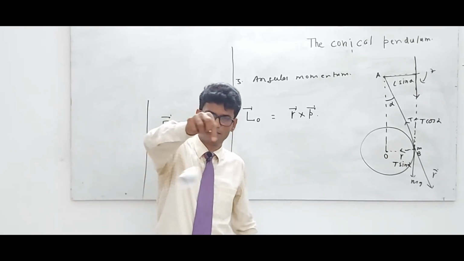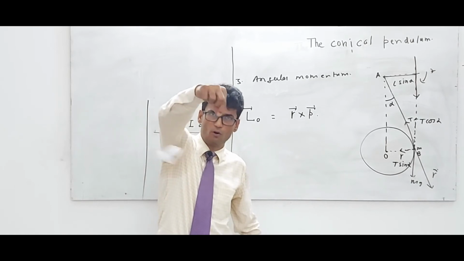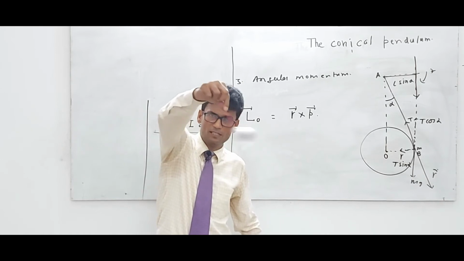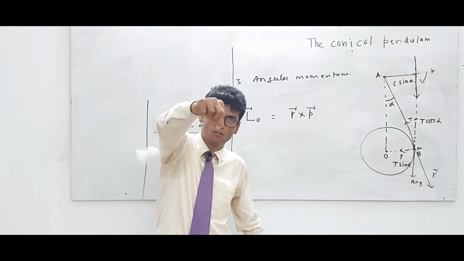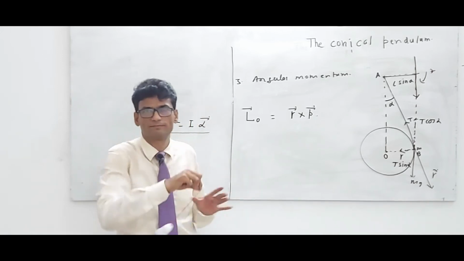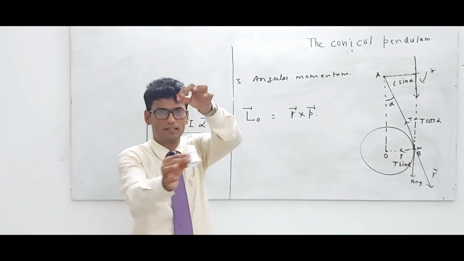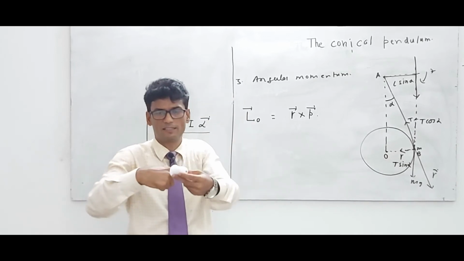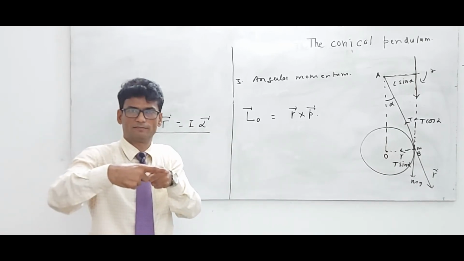If it is rotating with a certain constant angular velocity, look at here. So this bob is moving in a horizontal circle. It means the velocity is tangential to any point on the circumference. And the radius, look at here, it's moving in this radius. So this is the radius and this is the tangent. Look at here, the radius and tangent are perpendicular to each other.